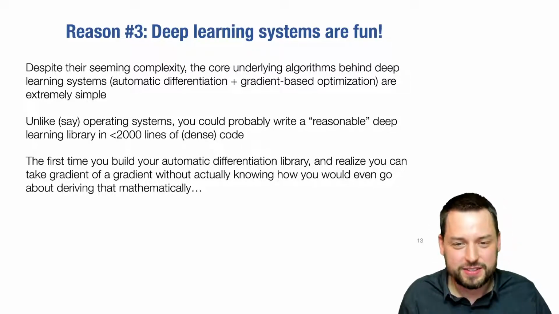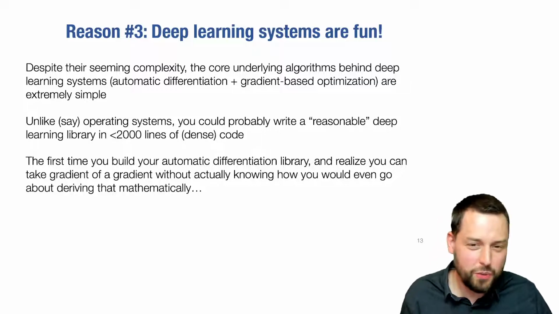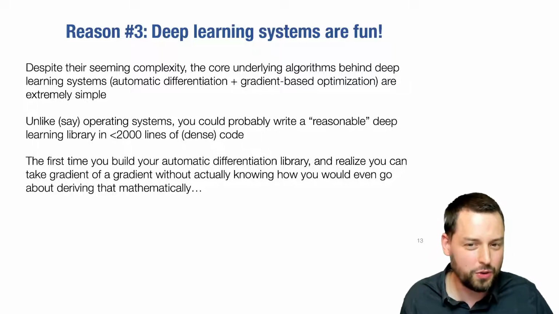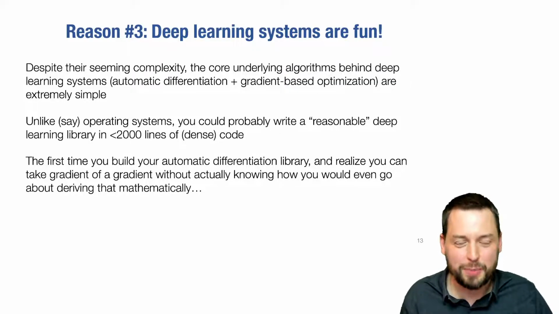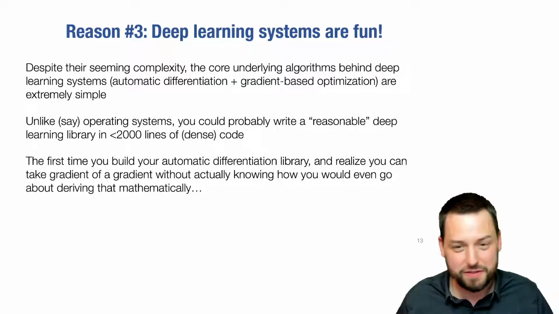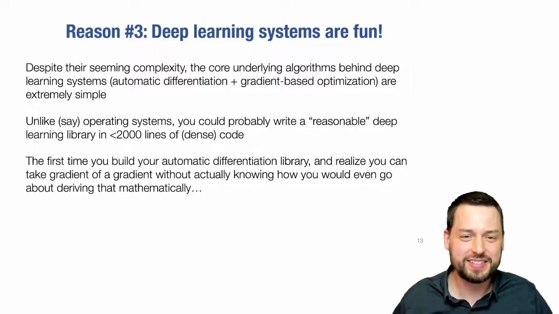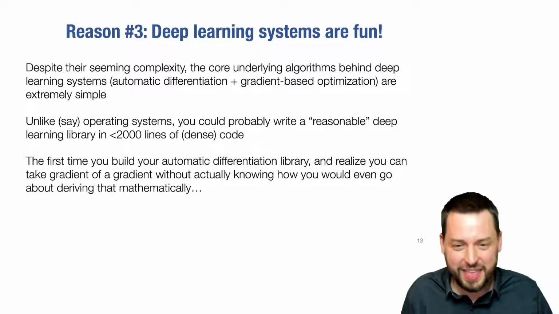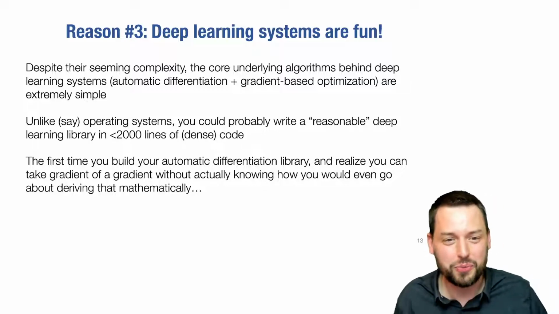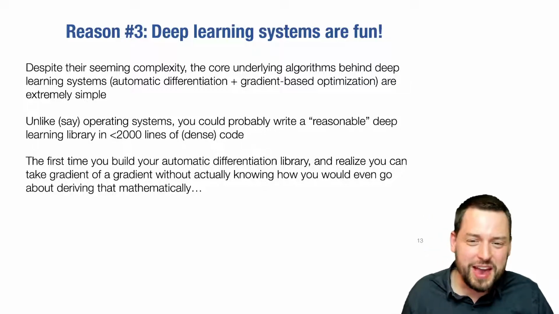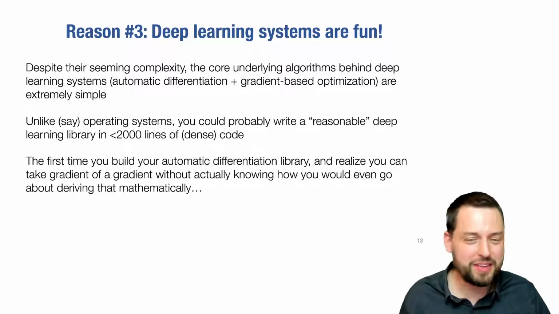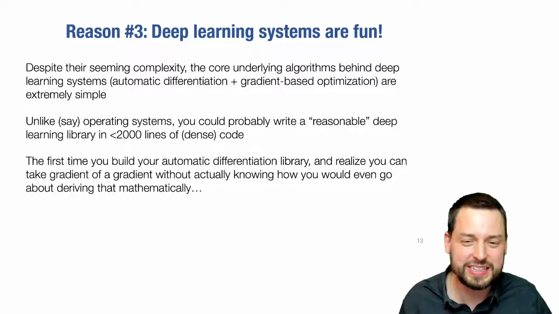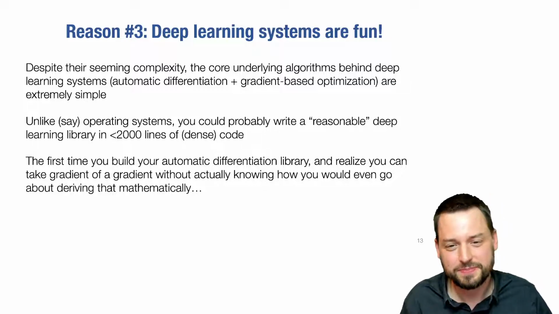Unlike, say, an operating system, where if you want to build one, you have to write quite a bit of code. Courses on operating systems usually build a very, very basic one, and even for that, you have to write a lot of code to do anything reasonable. But you actually can write, and you will write, a reasonable deep learning library. If you want to be really compact with your code, you could probably do it in less than 2,000 lines of code.